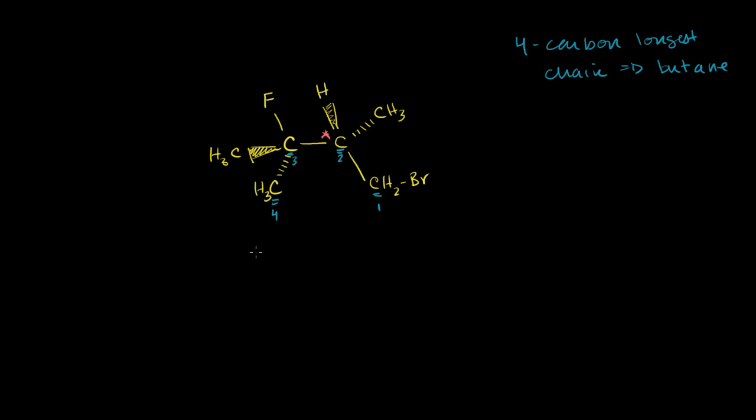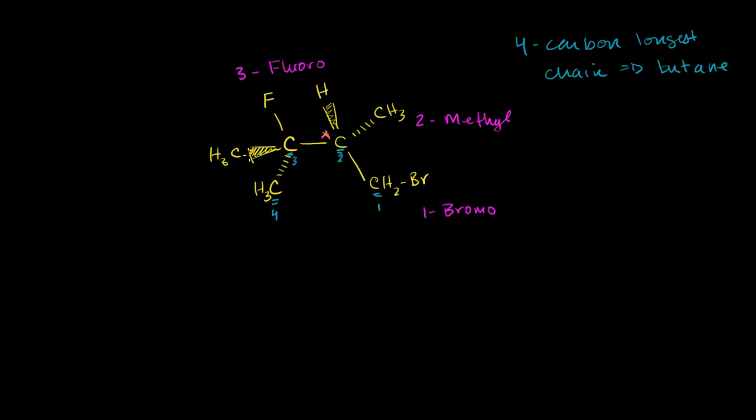And then we can label the different groups and then figure out what order they should be listed in. So this is a 1 bromo, and then this will be a 2 methyl right here. And then let's see, just a hydrogen. Then on carbon 3, we have a fluoro.